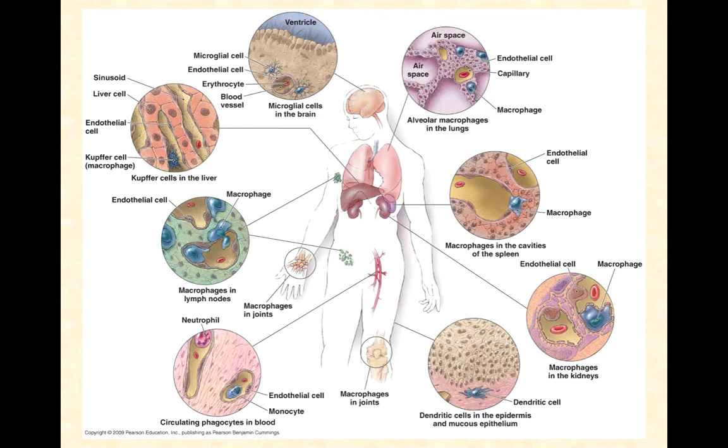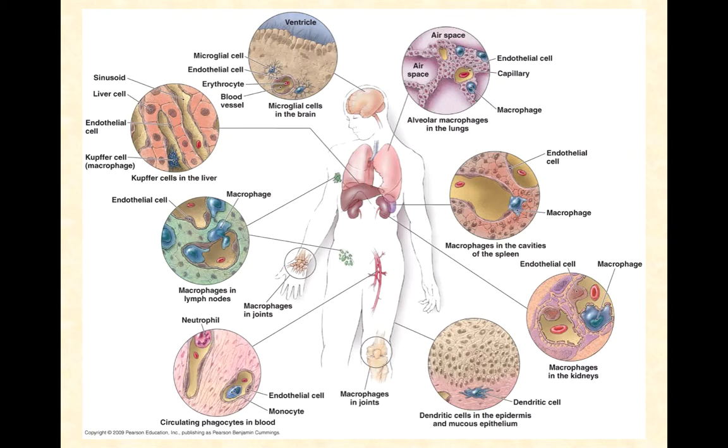We have macrophages then stationed, what we call fixed macrophages, at vulnerable places. We have macrophages in our joints. Let's work our way from 6 o'clock back all the way around on the clock here. So we've got macrophages in our joints. We have macrophages in the lymph nodes because the lymph nodes get exposed to so many pathogens, as we'll see in a future video, that they are susceptible to infection. We have fixed macrophages in the liver that get a special name. They're called Kupffer cells.